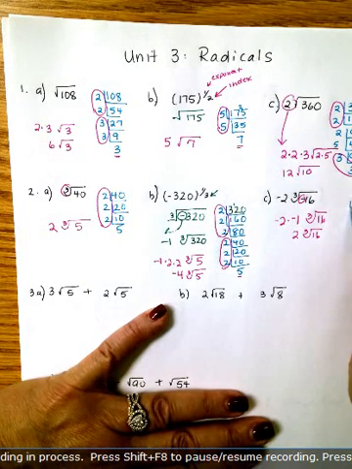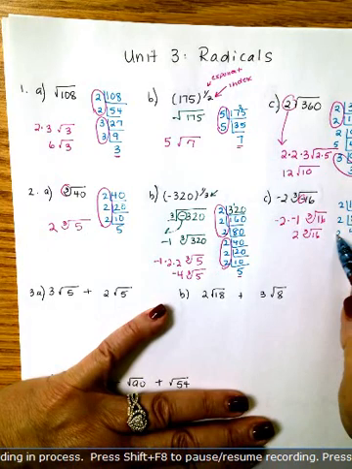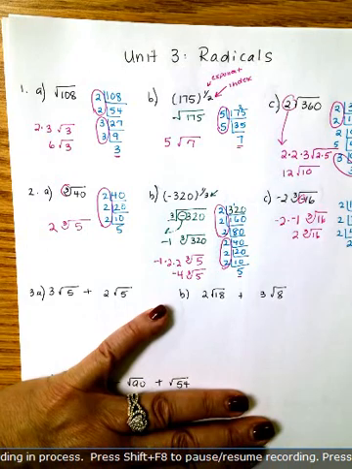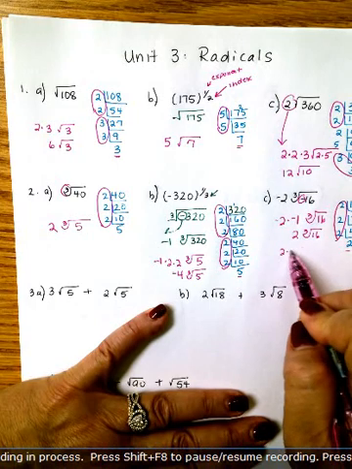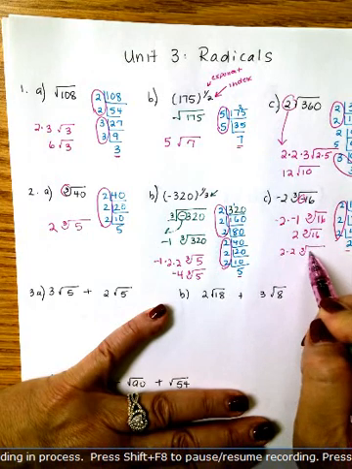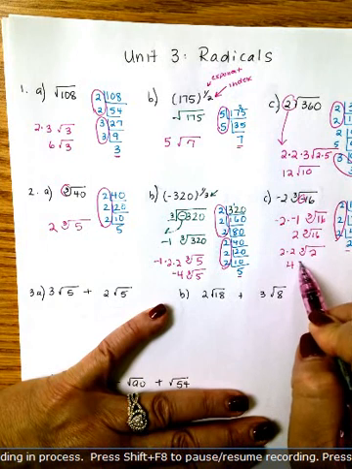So now I need to break down my 16. One set of 3s and a 2 left over, so it's 2 times 2, one set of 2s, sorry. So it becomes 4 cubed root of 2.